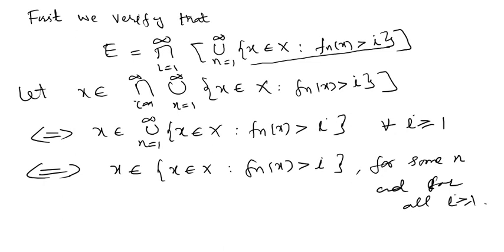Okay, so that's true because since fn is monotonic increasing, fn x is greater than i, so that means fn+1 x is also greater than i, fn+2 x is also greater than i.